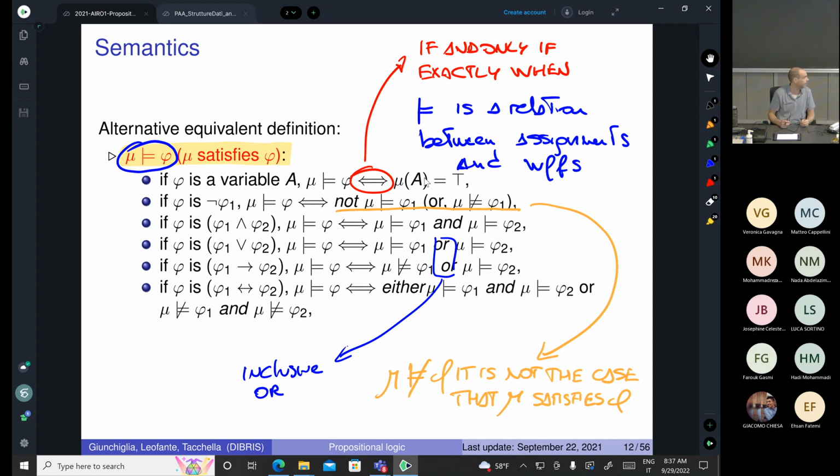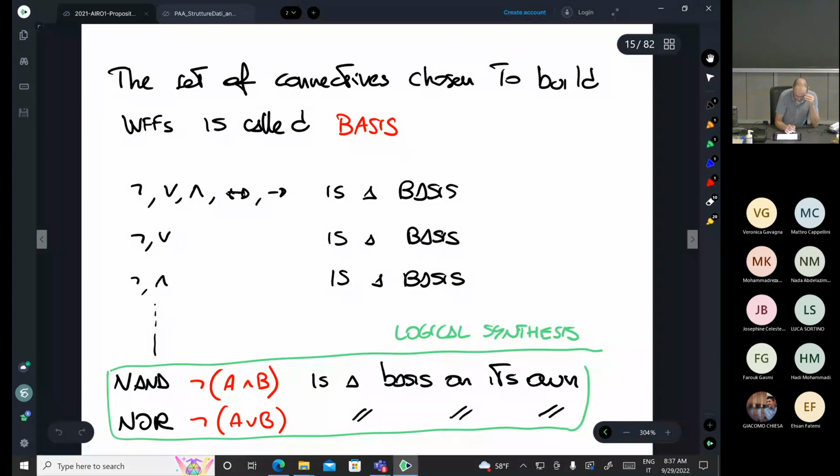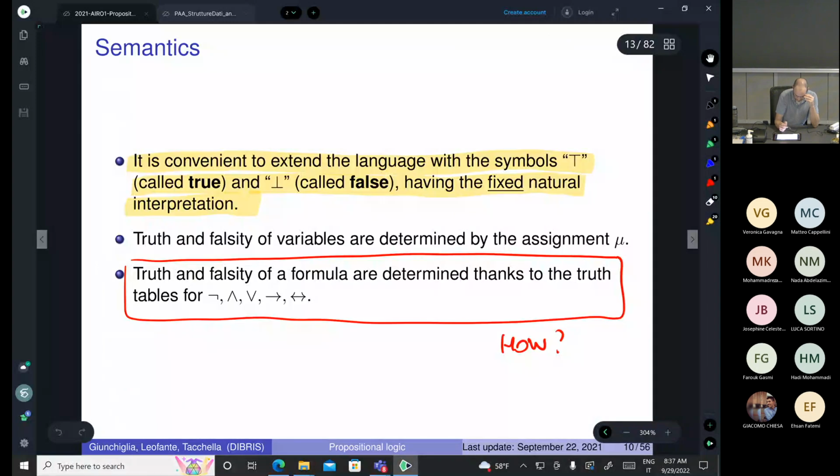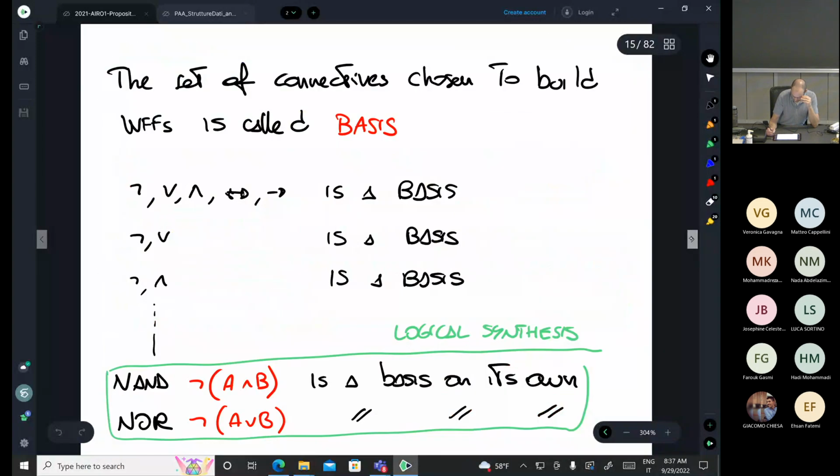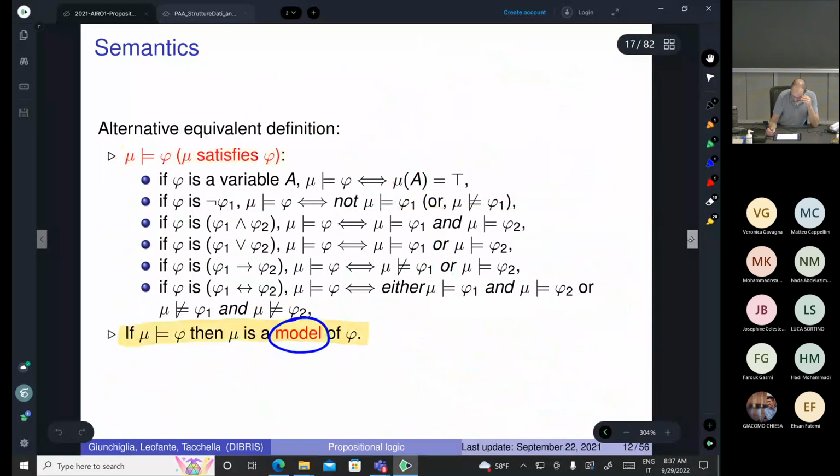One last thing, we introduced this notion of assignment. An assignment is just an evaluation given to the atoms, to the variables of the formulas. Once you have an assignment to the atoms, you can propagate it through the formula and get the value for the formula, for the sentence.